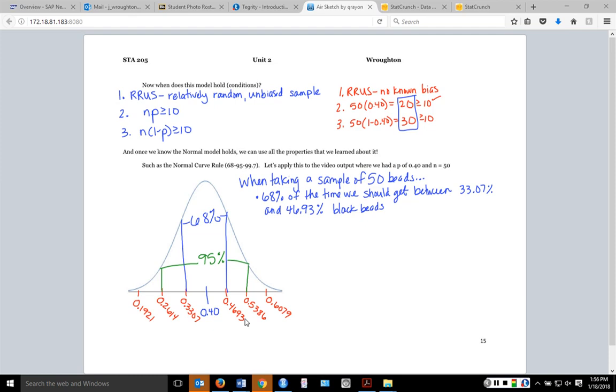So still when taking a sample of 50 beads, now 95% of the time we should get, this time, between 26.14% and 53.86% black beads.